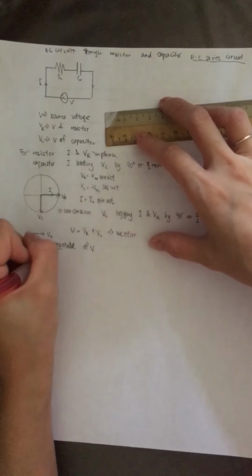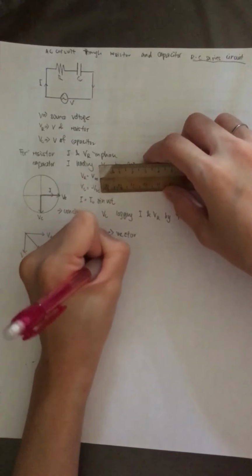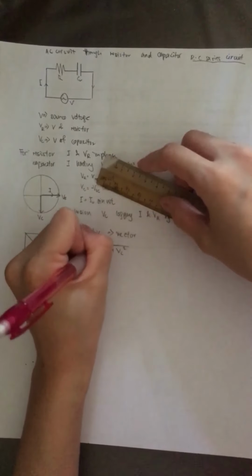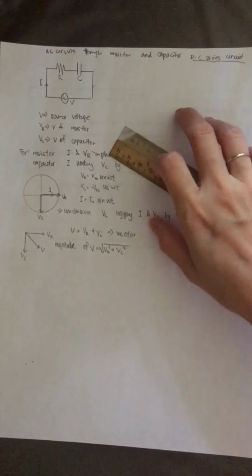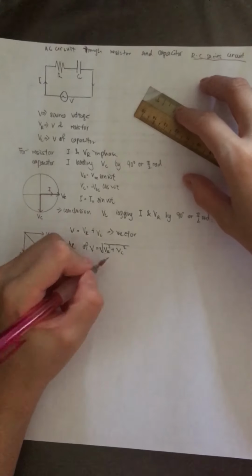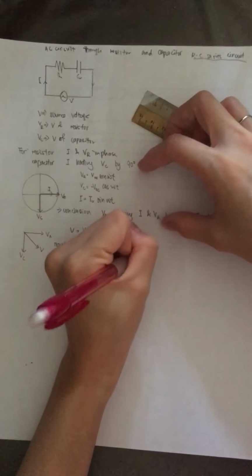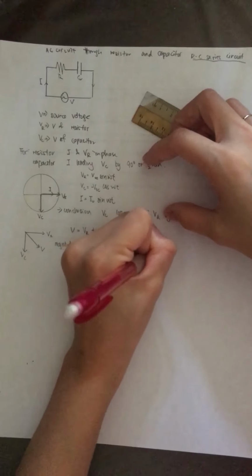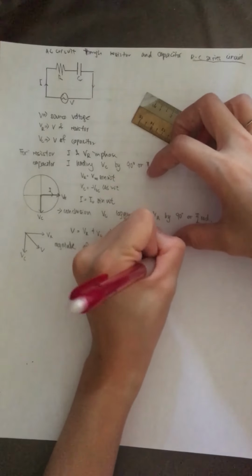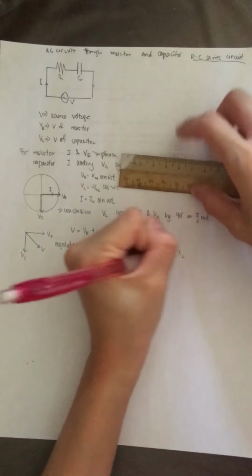Well, the magnitude will be V equal to the square root of VR square plus VC square, because it still follows the Pythagoras theorem. So you know that VR is actually IR, and your VC is equal to I XC.